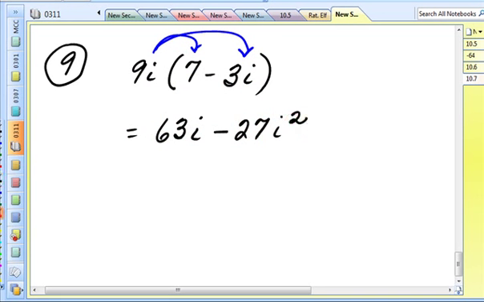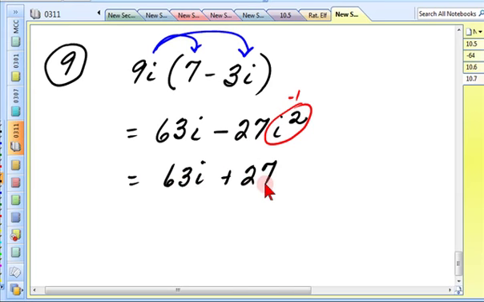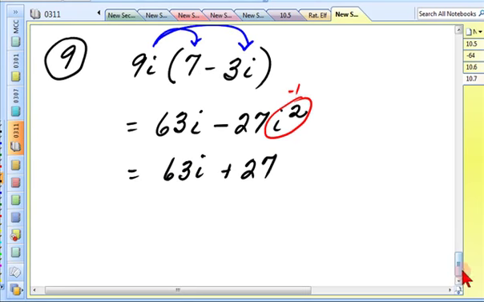But I'm not going to leave that, because what do I do with i squared? Make it become a -1, and -1 times -27 is positive 27. So I have 63i plus 27. And typically, when you write a complex number that has both parts, you put the real part first, 27, and the imaginary part second, 63i.